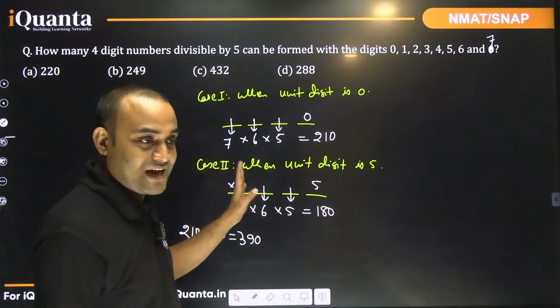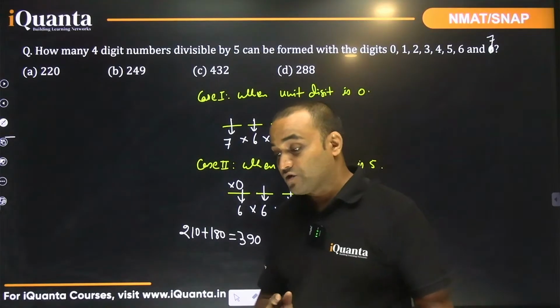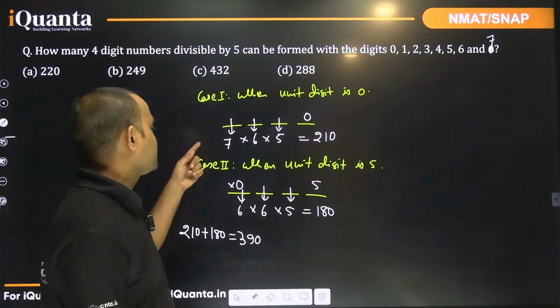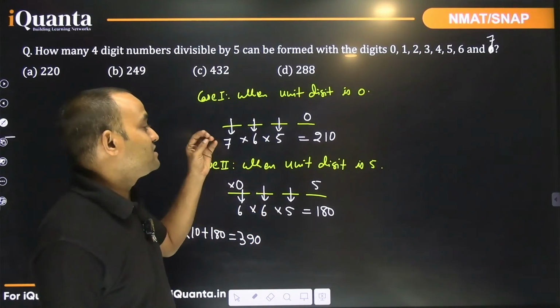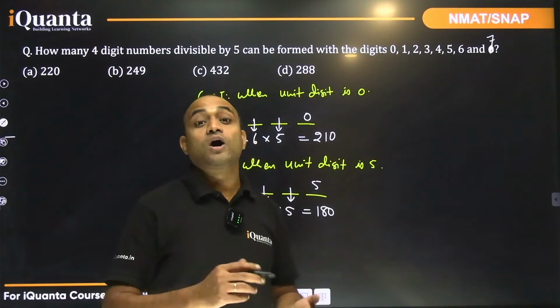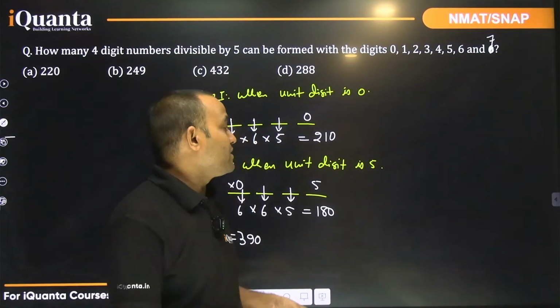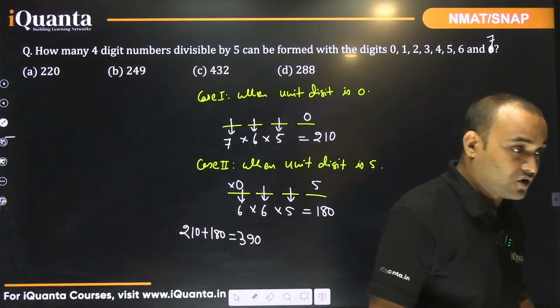Is that clear to everyone? Whenever you have 0 as one of the digits, you should always be careful, because you cannot place 0 in the first place. So you cannot solve this question by saying the unit digit will be 0 or 5 and then taking the rest of the digits in a single case. That would be wrong.